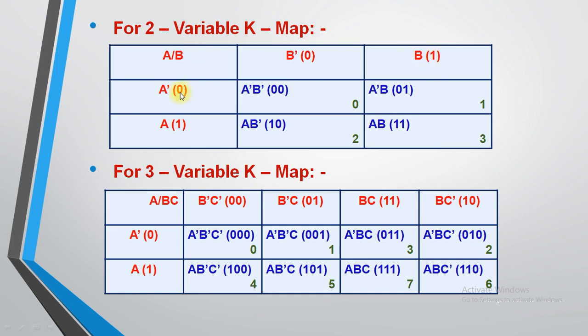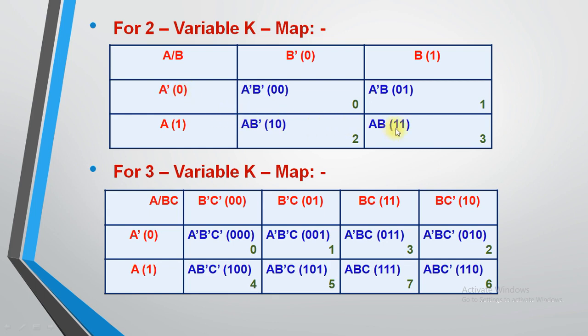Now for both cells in this row, refer to the value of A dash. This particular row represents variable A dash, and A dash means 0.